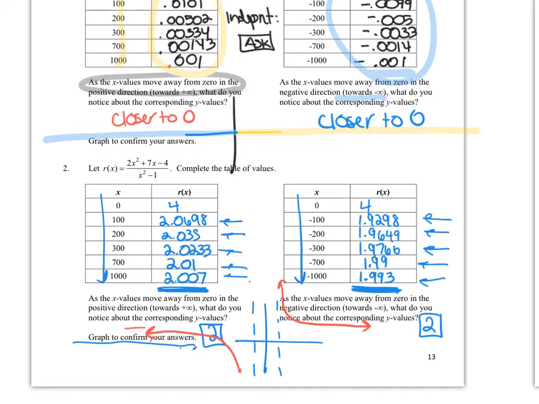And that's where that horizontal asymptote comes from. A horizontal asymptote, the graph can cross it. It's telling you what your function values are approaching as x gets really, really big towards positive infinity or really, really small towards negative infinity.